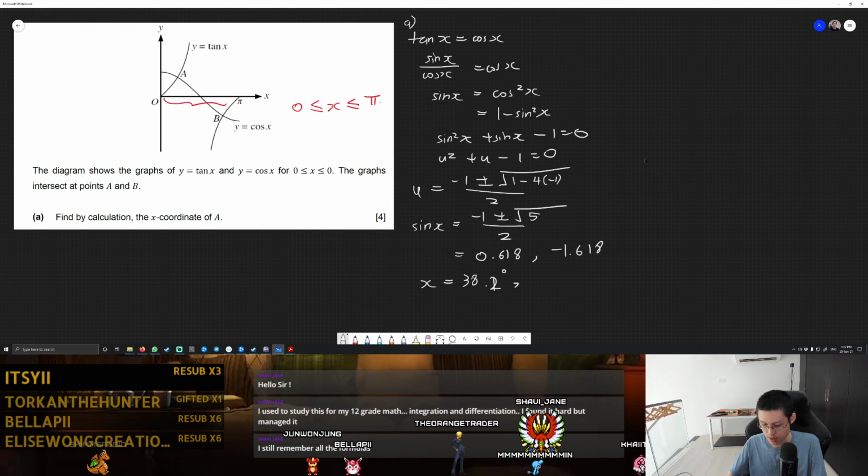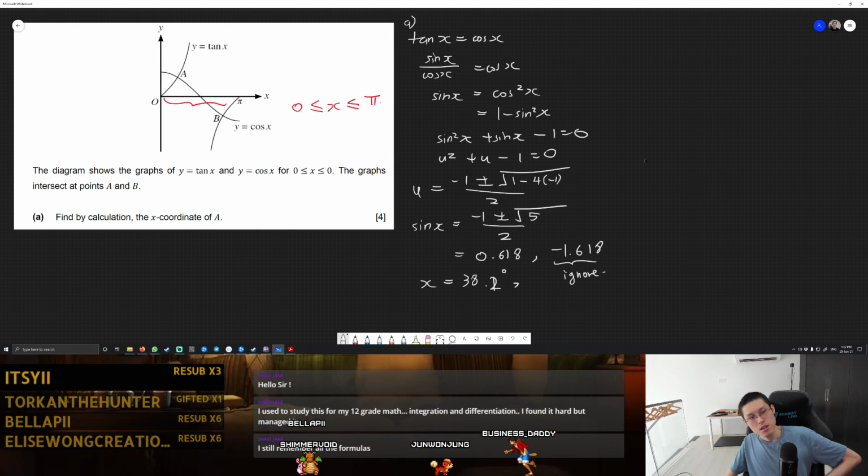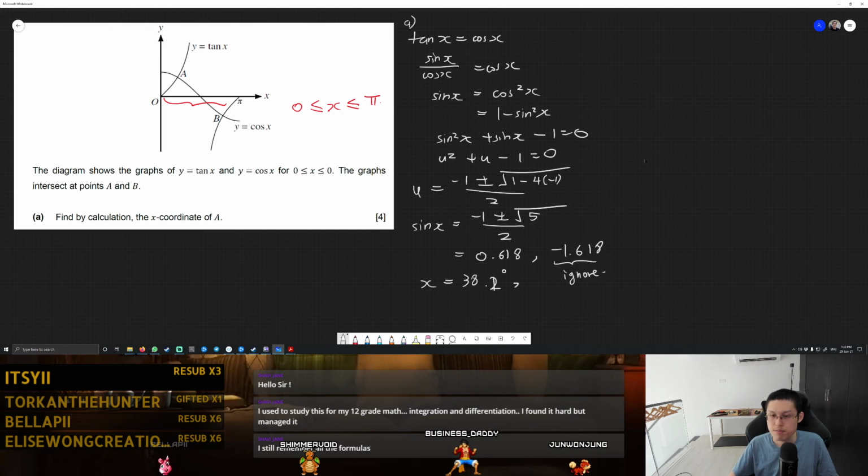And then arcsine of 1.618, just take the principal value, but this is actually greater than 1. You can't have sine with range greater than 1. So we ignore this one. Okay, and then what else is there? That's it.